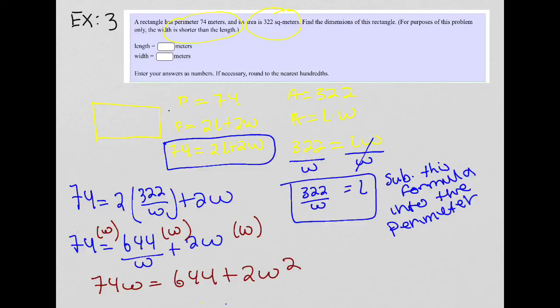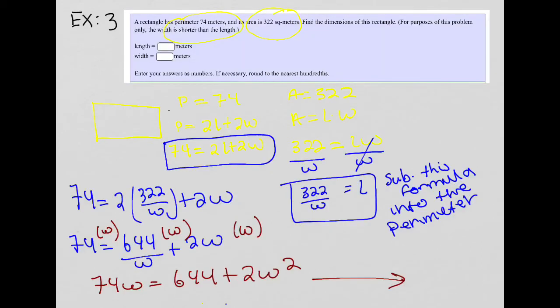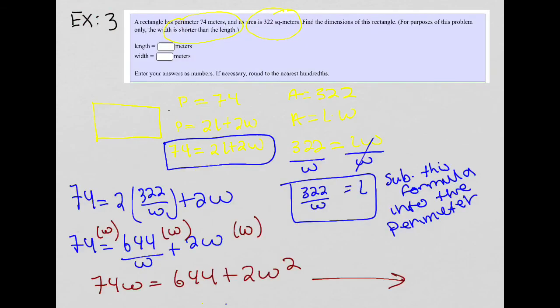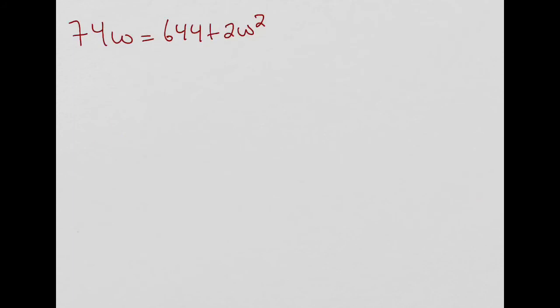I'm going to take this to another page. So that was 74W equals 644 plus 2W squared. Let's double check. Okay, that looks good. So now I'm going to make it equal to 0 by subtracting the 74W from both sides.